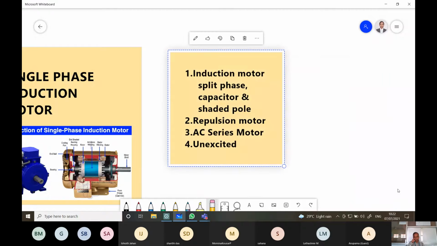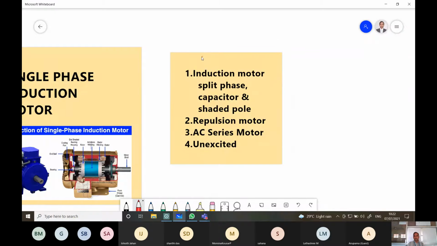These are the classifications of AC motor. In that classification, we have the single phase induction motor, and within it there are several types: split phase induction motor, capacitor start and capacitor run induction motor, and shaded pole type induction motor.